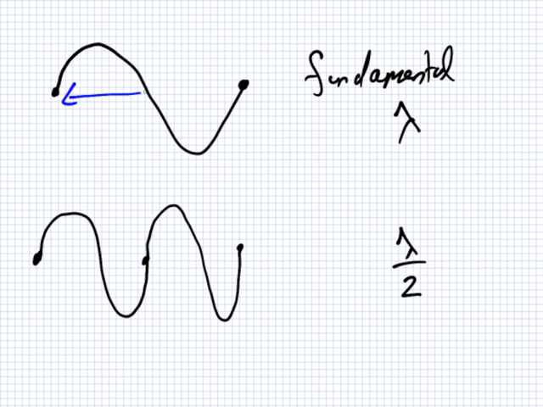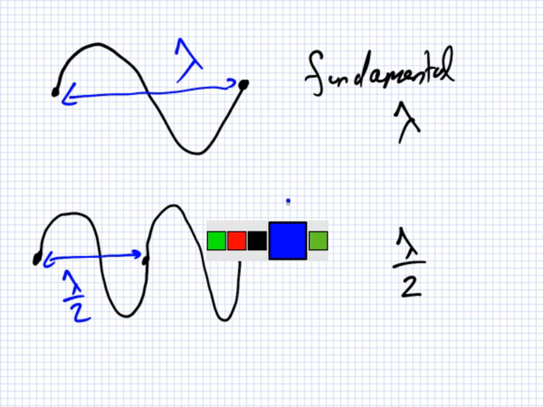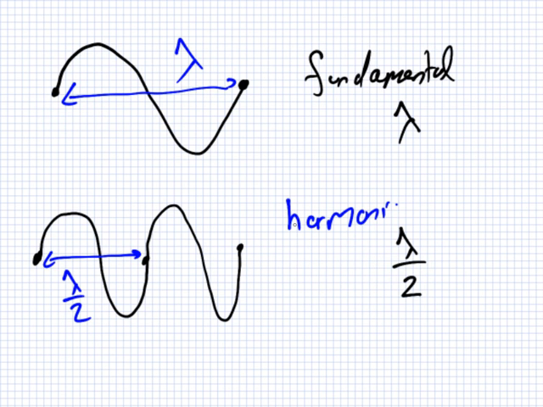If this one is lambda, then this one here, its wavelength is lambda divided by 2. And this is called a harmonic. And you can have more harmonics. You can have the first harmonic, the second harmonic, the third harmonic, and so on. Okay. Of waves, yes.